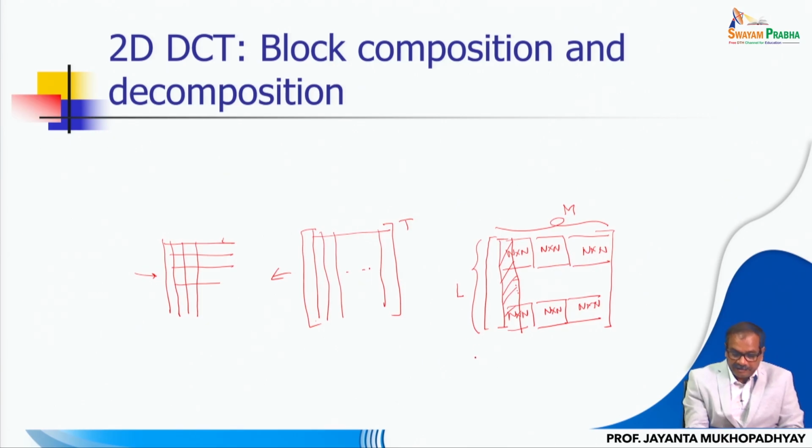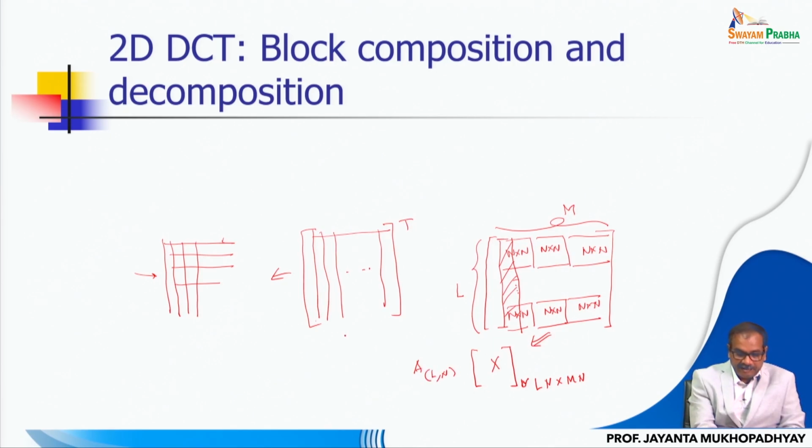So if I express them, let me write this block. Say this is my input block, which is of size Ln cross Mn, and there I am transforming it using a matrix A_Ln.